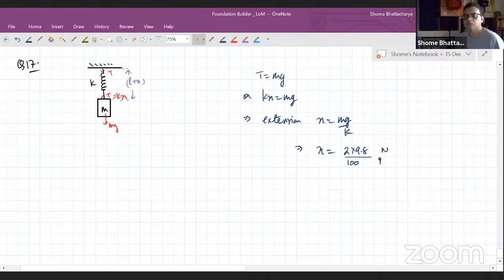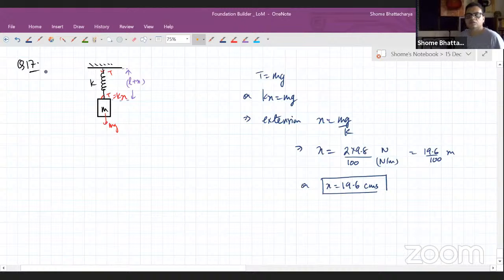So this is in newtons divided by newton per meter. So this is becoming 19.6 by 100 meters, or you can say x is equal to 19.6 centimeters. So this is the first part.